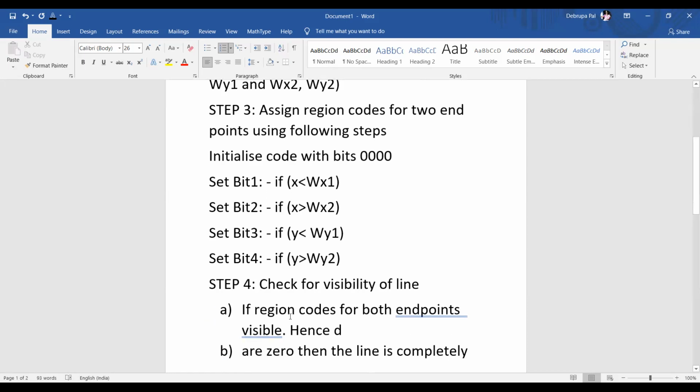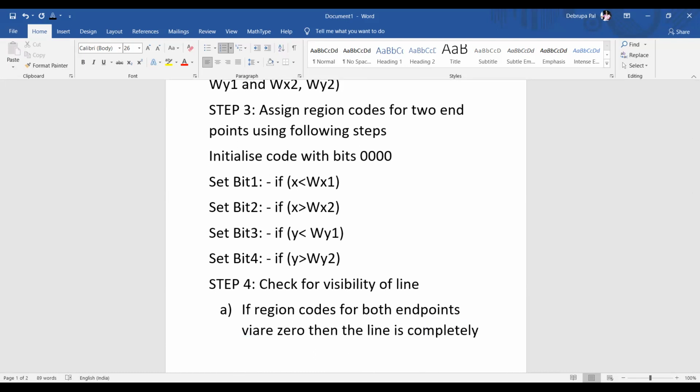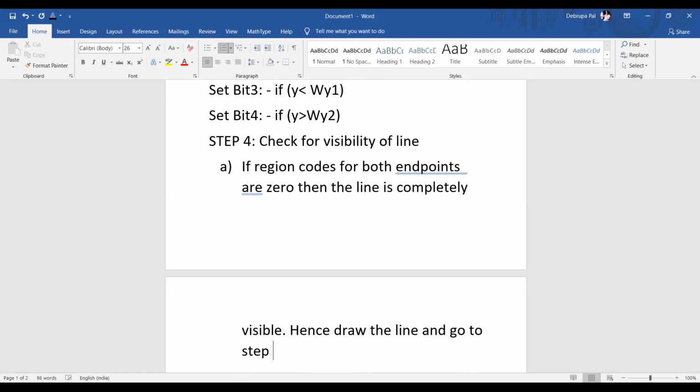Wait, let me do a correction. Now if both points are 0, then the line is completely visible. Hence, draw the line and go to step 6.